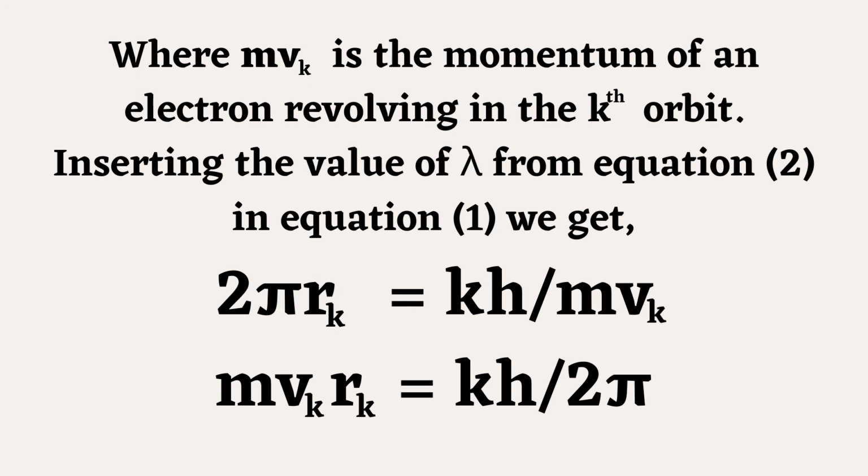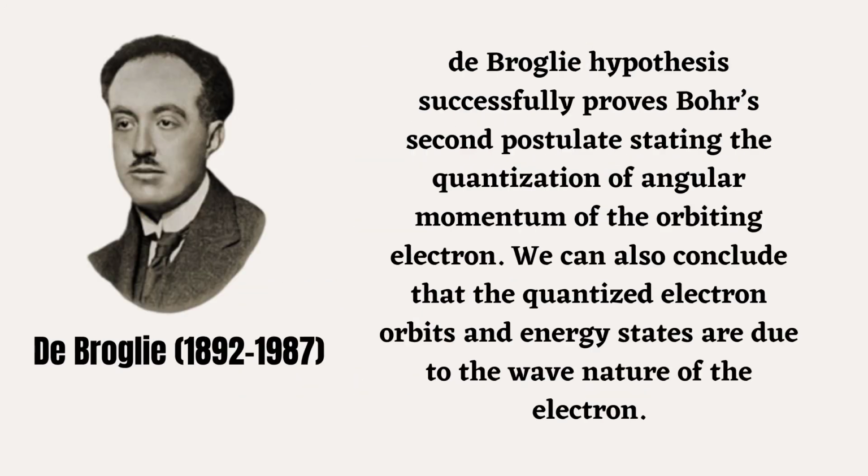Inserting the value of lambda from equation 2 into equation 1, we get 2 pi r_k equals kh over mv_k, and so mv_k r_k is equal to kh over 2 pi. Hence, de Broglie's hypothesis successfully proves Bohr's second postulate, stating the quantization of angular momentum of the orbiting electron. We can also conclude that the quantized electron orbits and energy states are due to the wave nature of the electron.